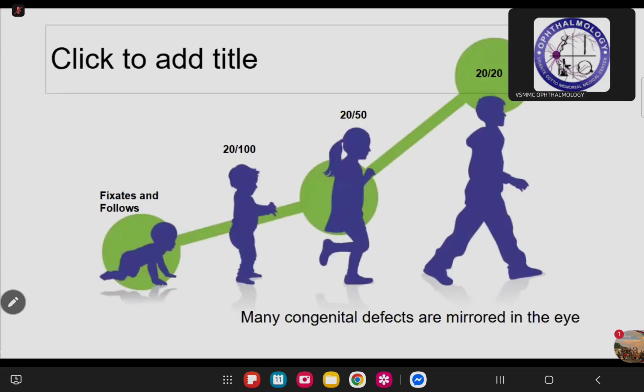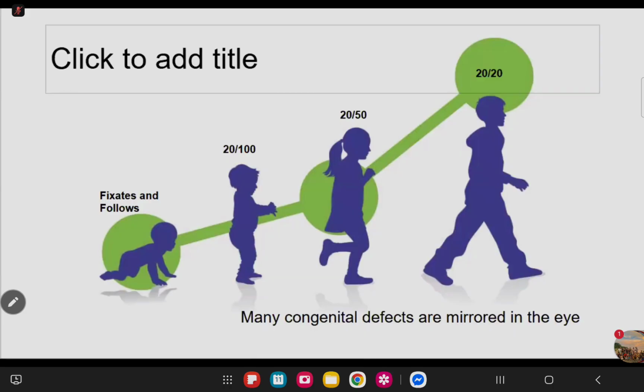As a child grows, the visual system continues to develop as well, and many congenital defects can be mirrored or seen in the eye. At the pre-verbal era, your patient would have a visual acuity that we record as fixates or follows.